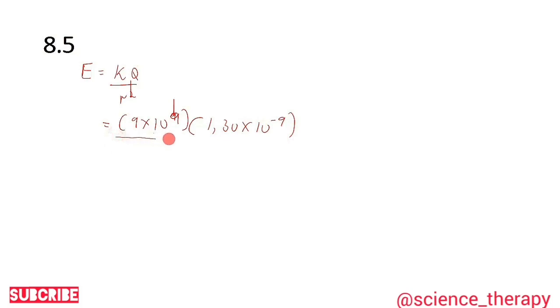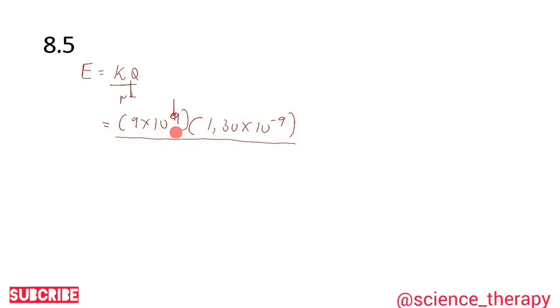For 8.5, calculating the electric field for the first one, E equals KQ over R squared. What is our K? Our K is 9 times 10 to the exponent of 9. And our Q is the new charge, 1.30 times 10 to the exponent of negative 9. So do not make the mistake of substituting the first value above.